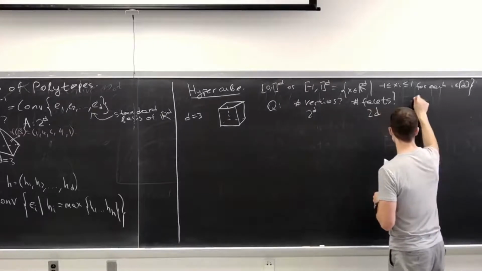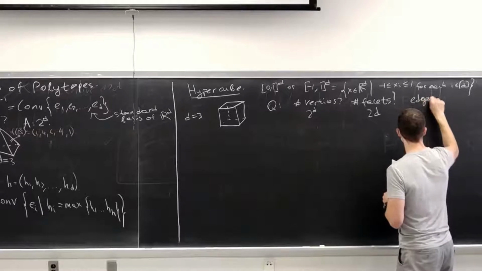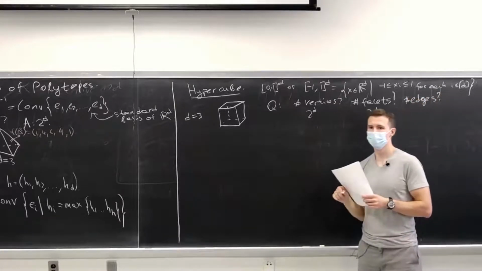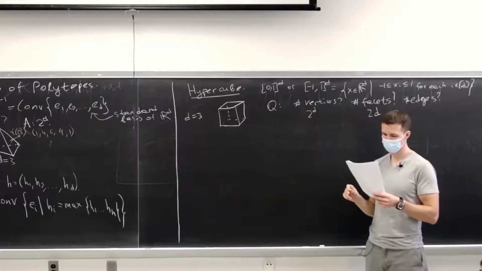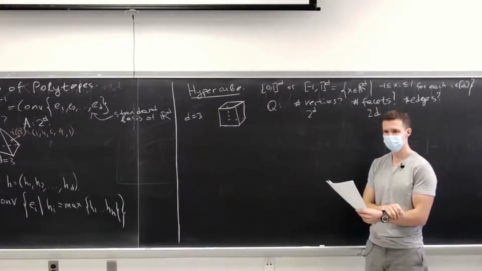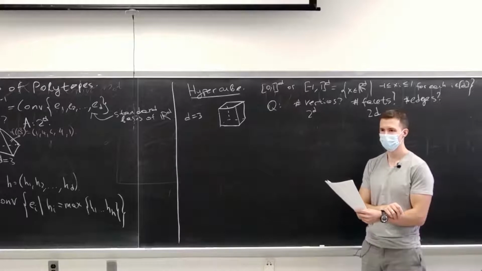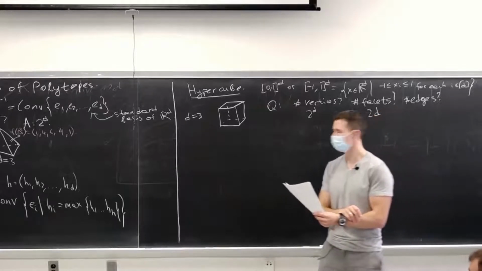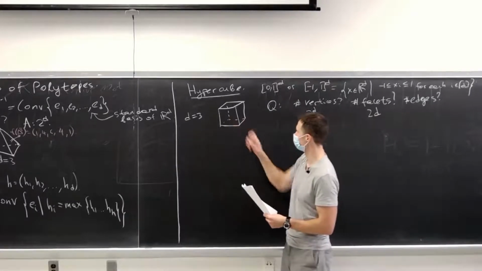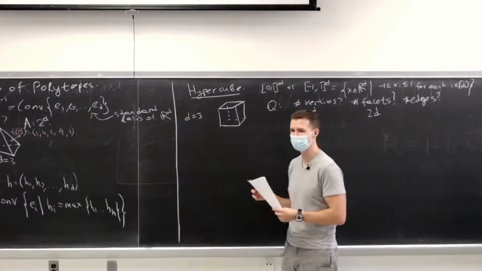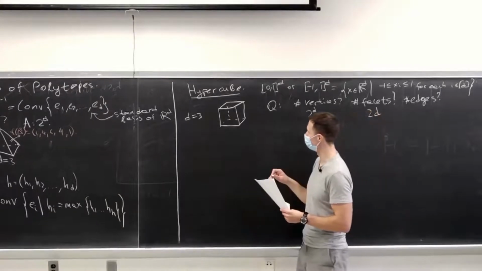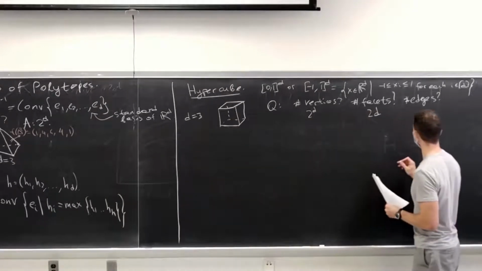What's the number of edges? Euler's formula. Oh, you want to apply? Okay, so for the three-dimensional hypercube, that Euler formula works. Actually, there's an Euler formula for arbitrary polytopes, but we're not going to discuss it yet.